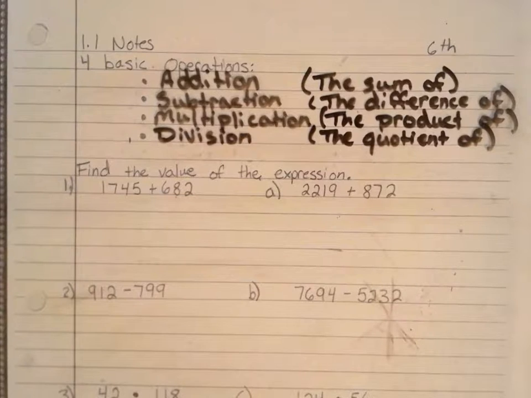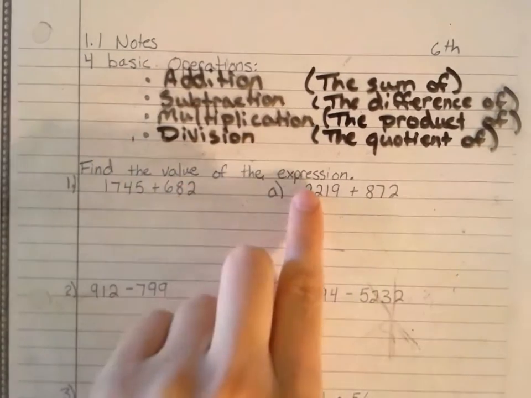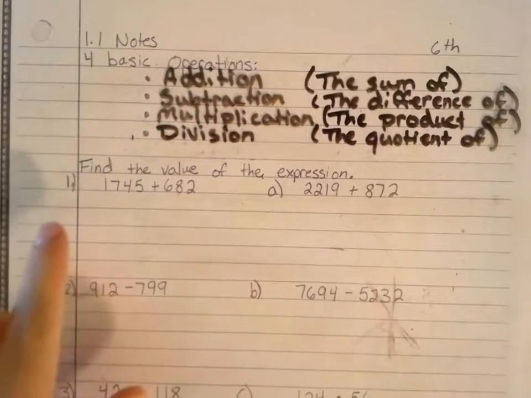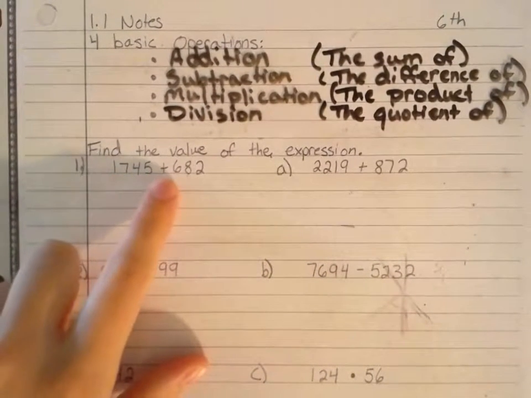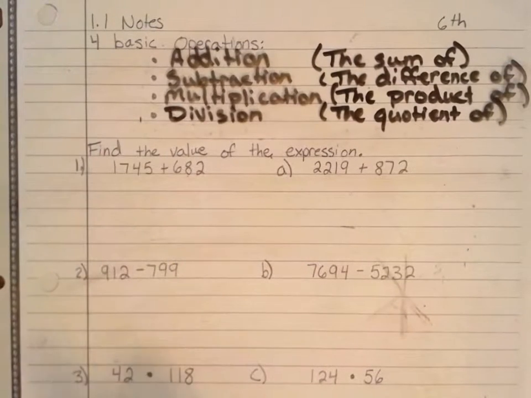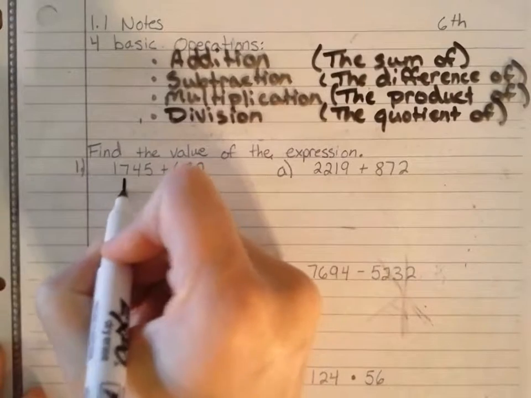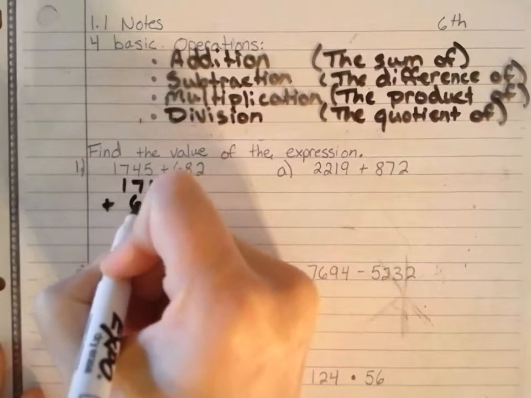Let's go ahead and look at some problems. This says find the value of the expression. So on number 1, 1,745 plus 682. I'm going to stack up these numbers to add them.